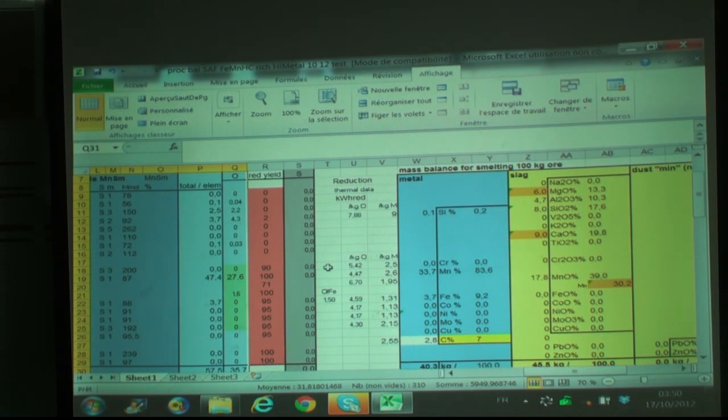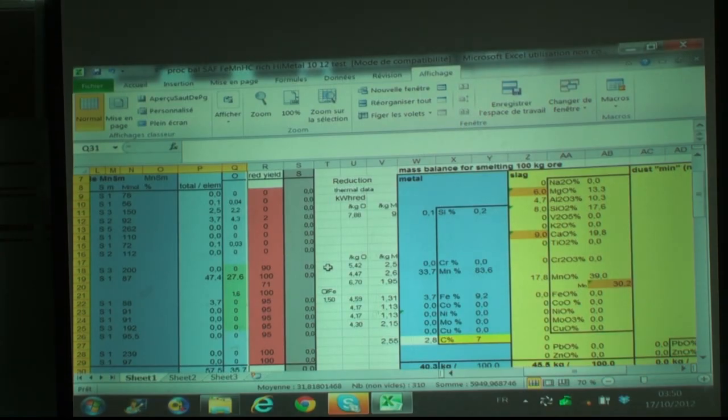I say it again to be sure. When you have MnO2, maybe you have no MnO in the ore, but you may have, probably not. But for sure, MnO2 will be reduced fully to MnO at least.